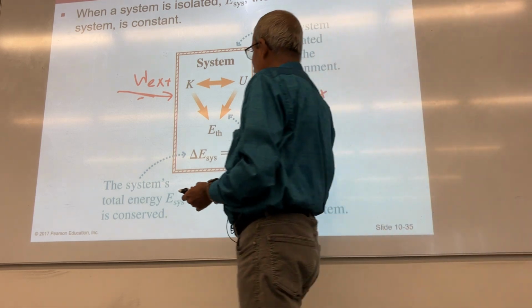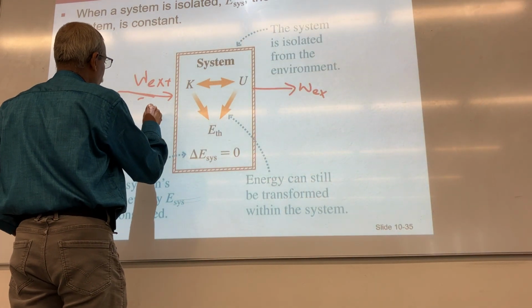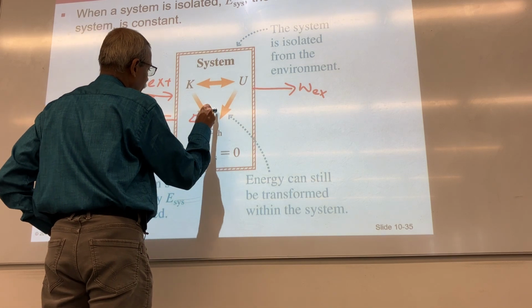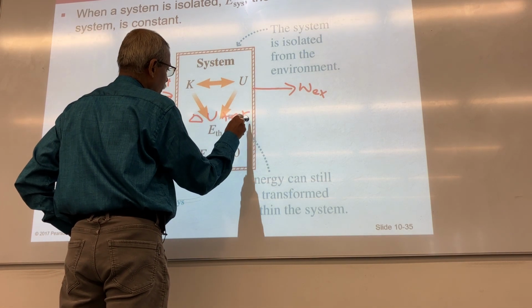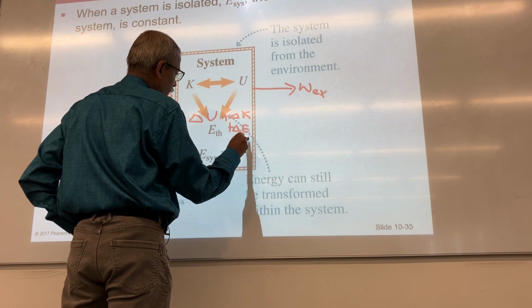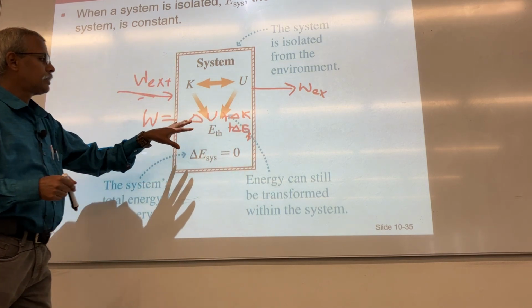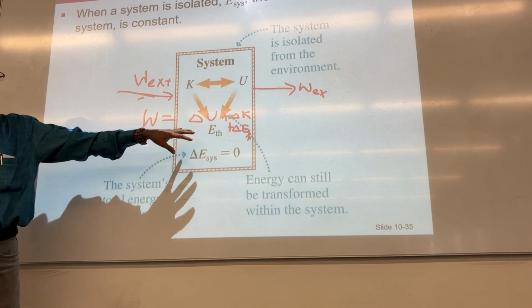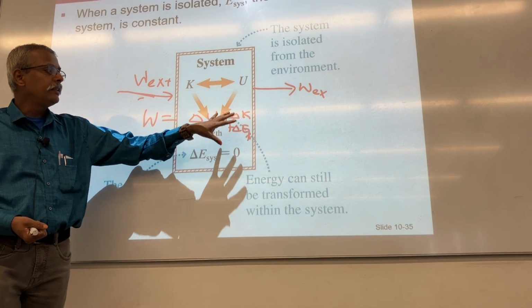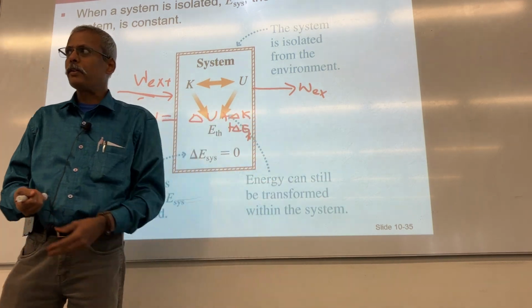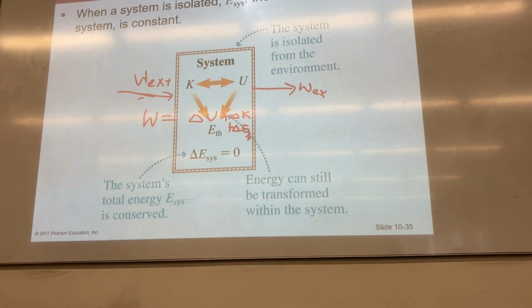So that's cool stuff, right? Because work is equal to delta U plus delta K plus delta E_TH. All this collectively, you are doing some work that makes a change in energy. Think about this: just mechanical motion, you do some work that creates some energy change.